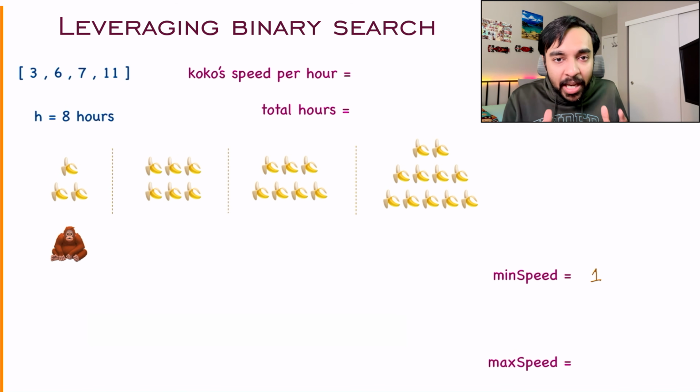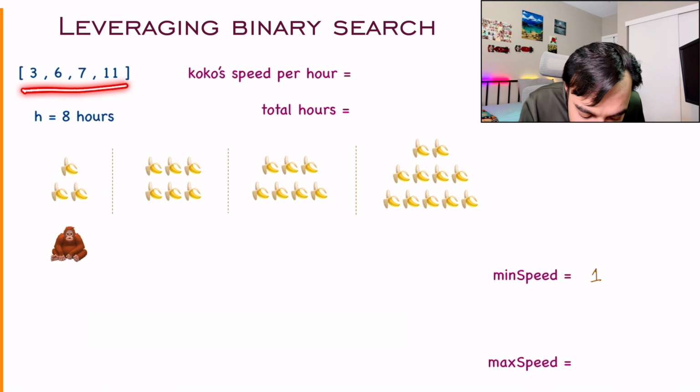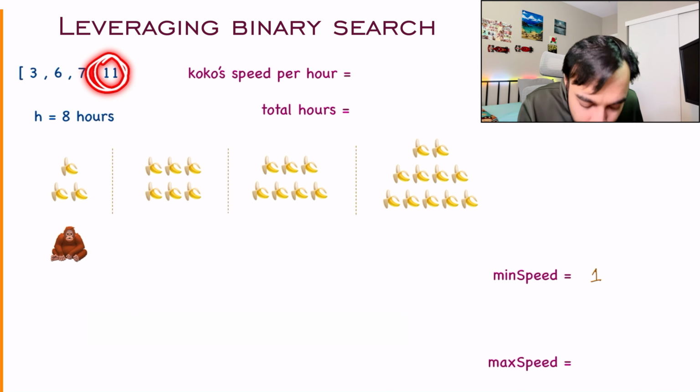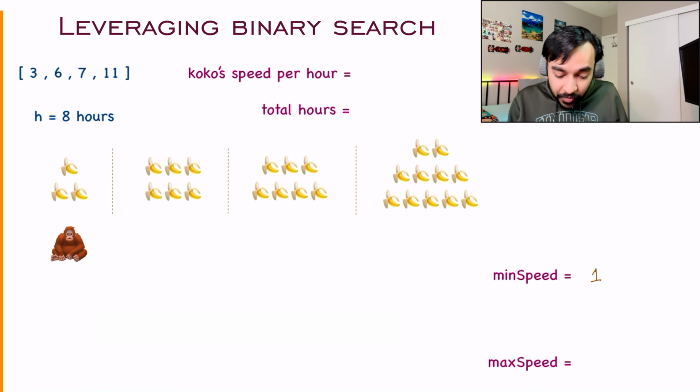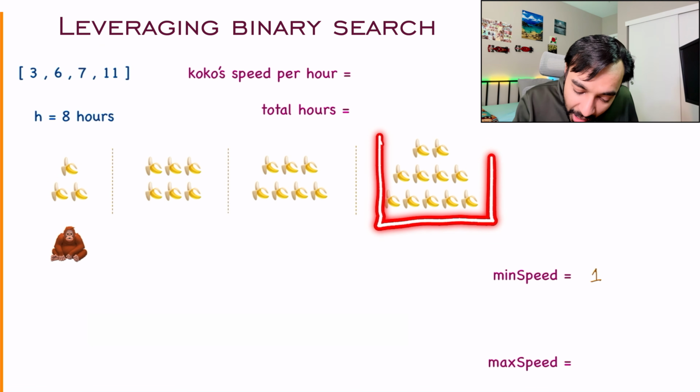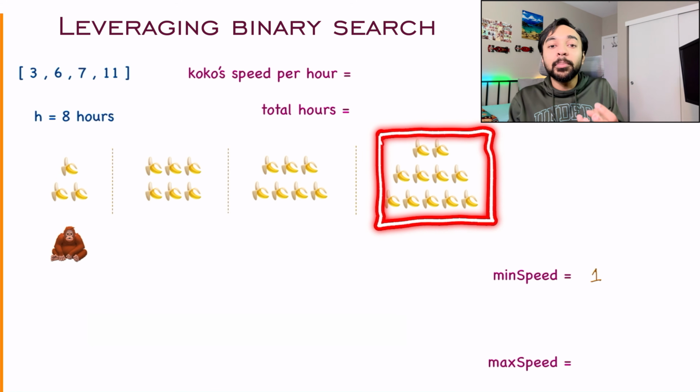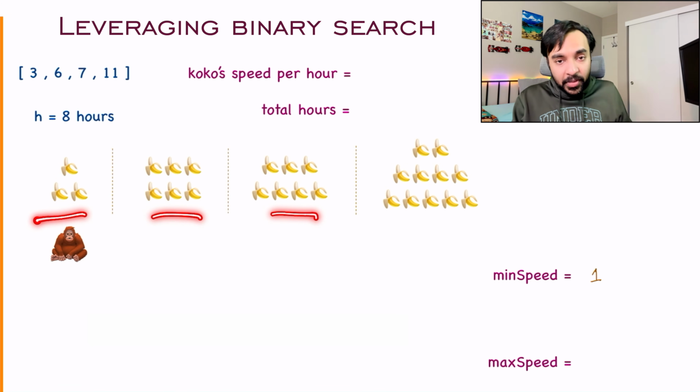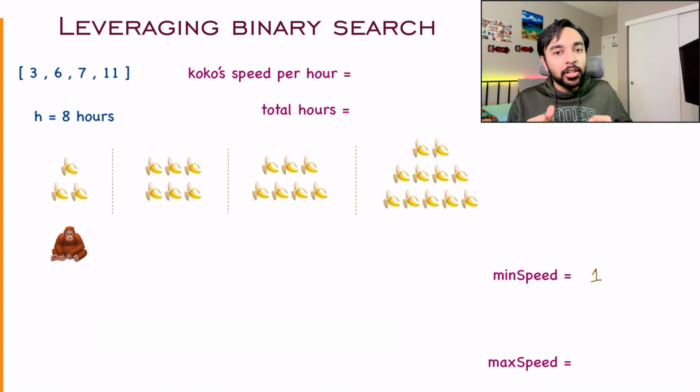And what is the maximum speed? The maximum speed will be the largest element that you can find in this pile. Because think about it. If Koko can eat the largest number of bananas that are available in a pile in an hour, then for every other pile that is smaller, she will be able to eat all of them.